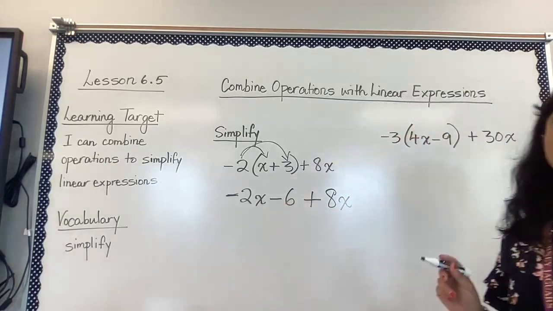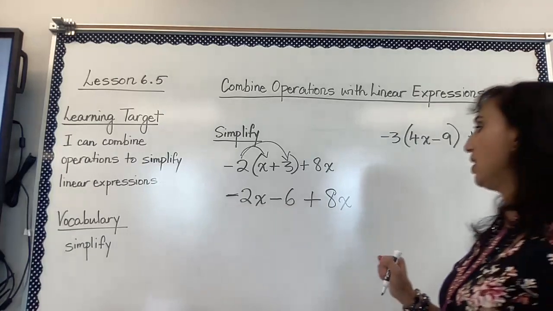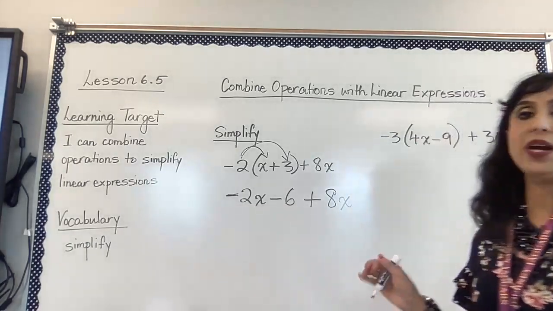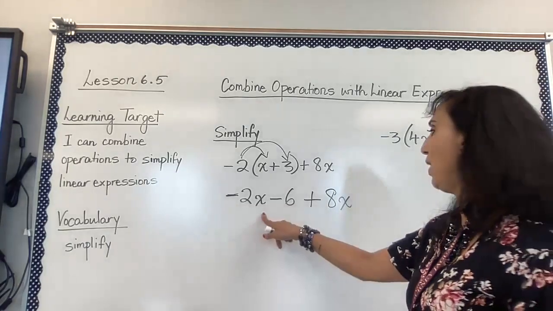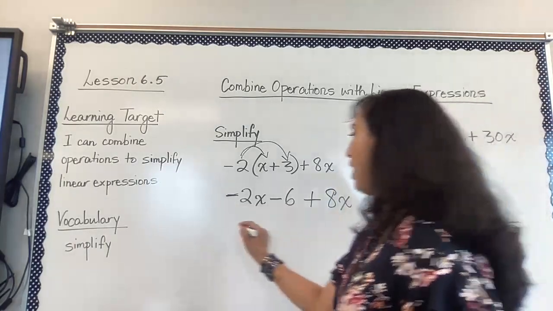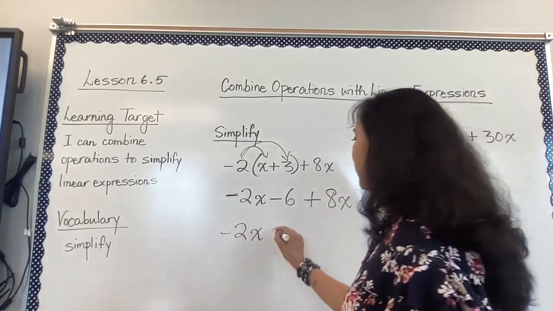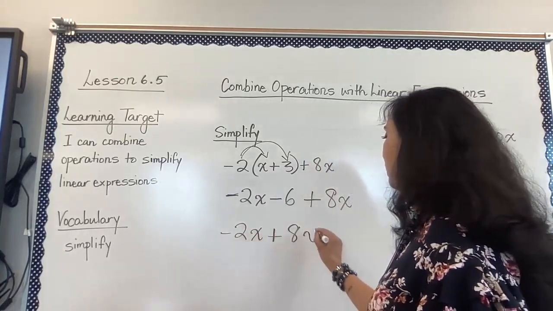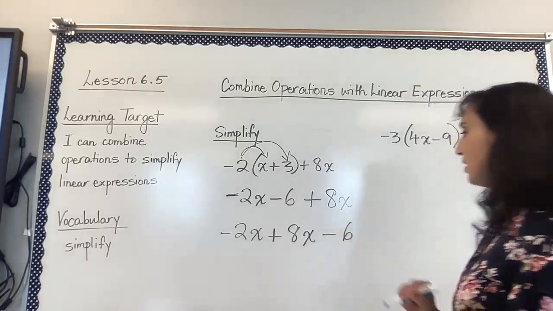Next, I am going to combine the like terms. What are my like terms here? I have the minus 2x and the 8x. I'm putting the like terms together so you can see, and then minus 6.